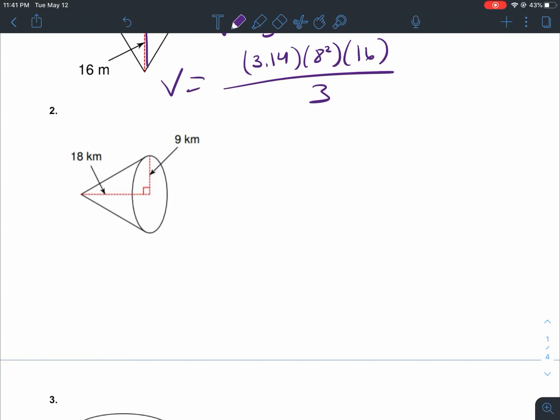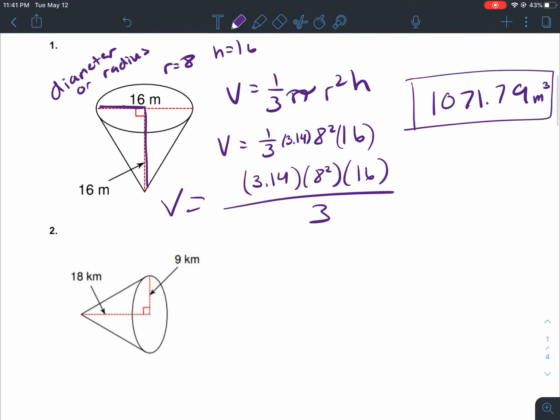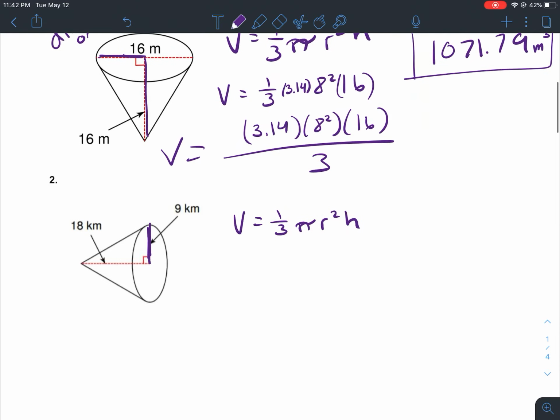All right, so now we got another cone. This time, they gave us the radius, so we don't have to change anything. We're going to go ahead and use the same formula: 1/3 times pi times radius squared times height. Since it's another cone, we plug it in. Here our radius is 9, and our height is 18.